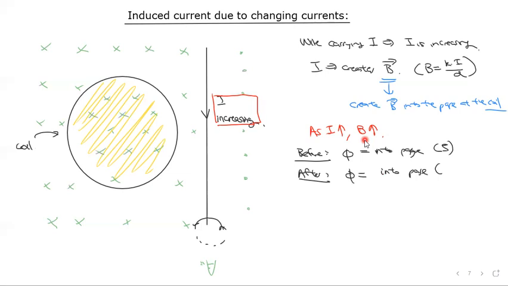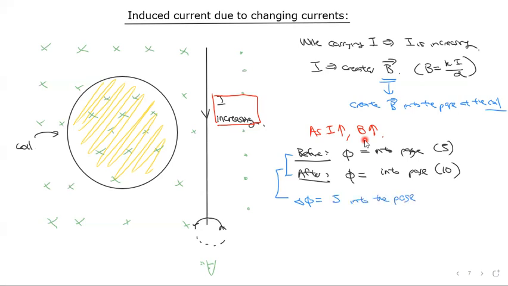So let's go with 10. Doesn't really matter. And for us, what's important is the change. So the change in flux, remember, is after minus initial. So in this case, you've just gone from 5 into the page to 10 into the page. So it's 5 into the page.